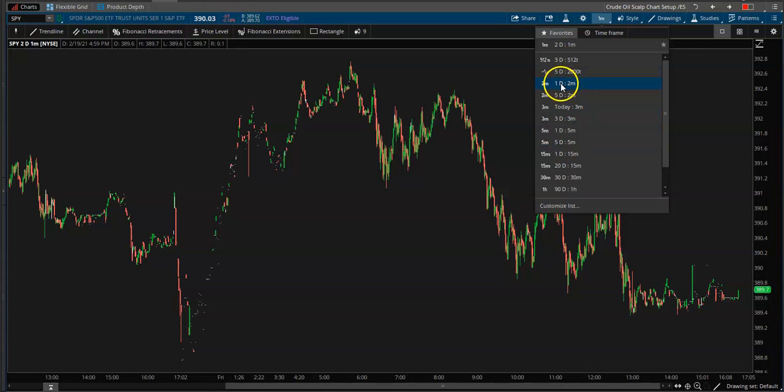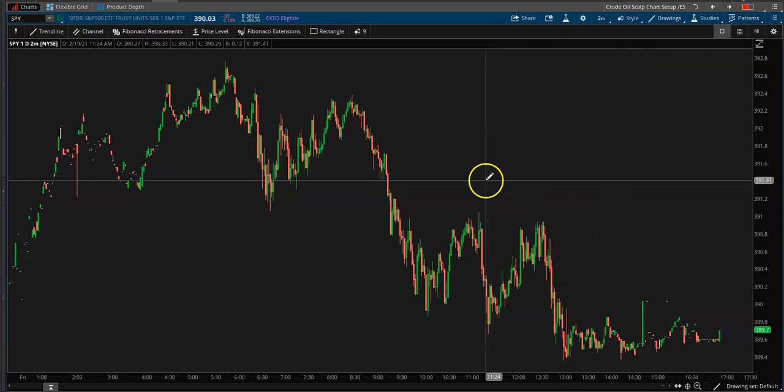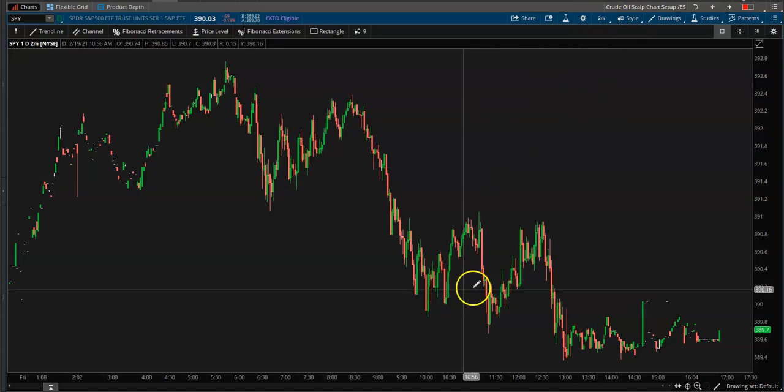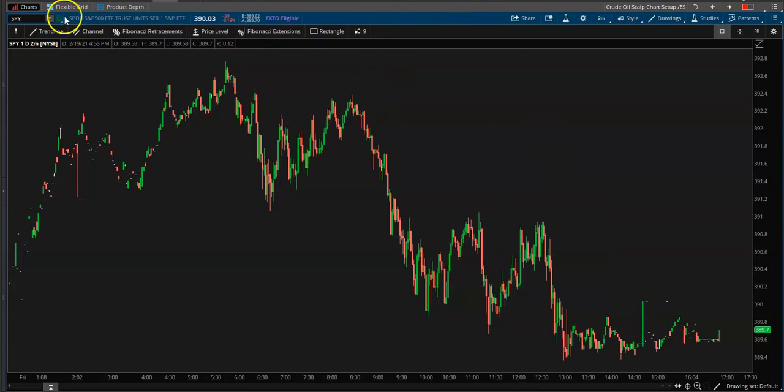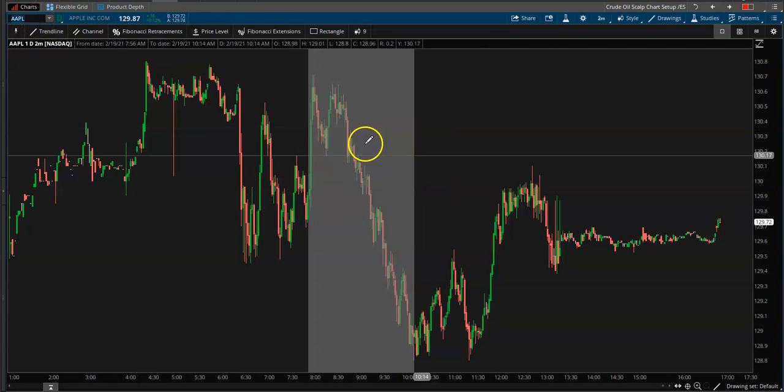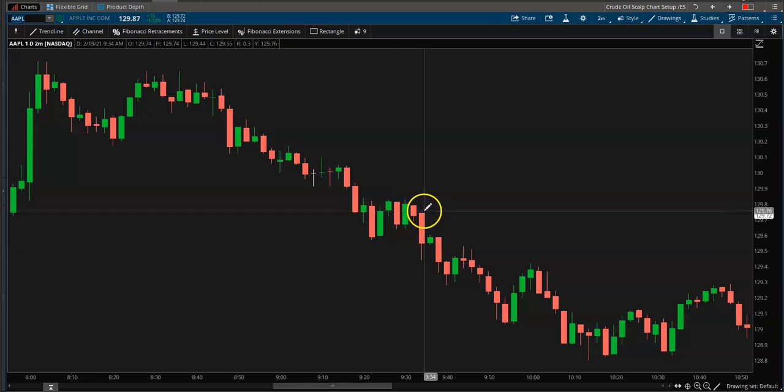So if you're a scalper, like a day trader, I'd be looking anywhere from a 1 to 5 minute, maybe even a 15-minute chart, but I personally like the 2-minute chart for scalping stocks because you're able to see patterns and you're also able to see nice clean waterfalls.